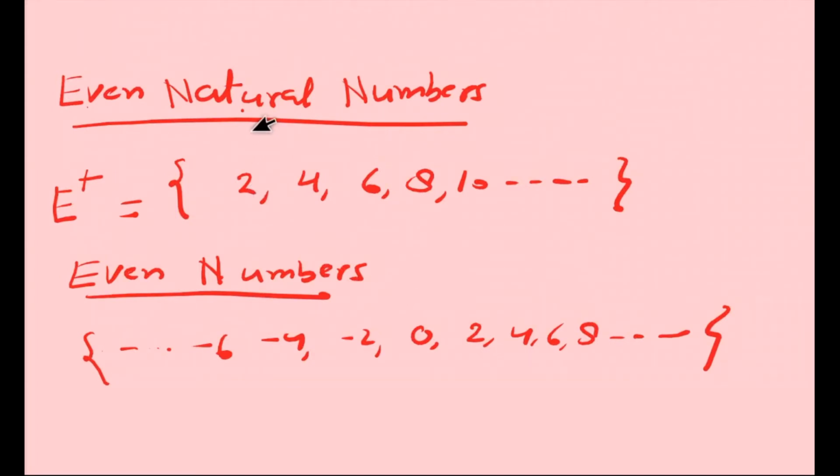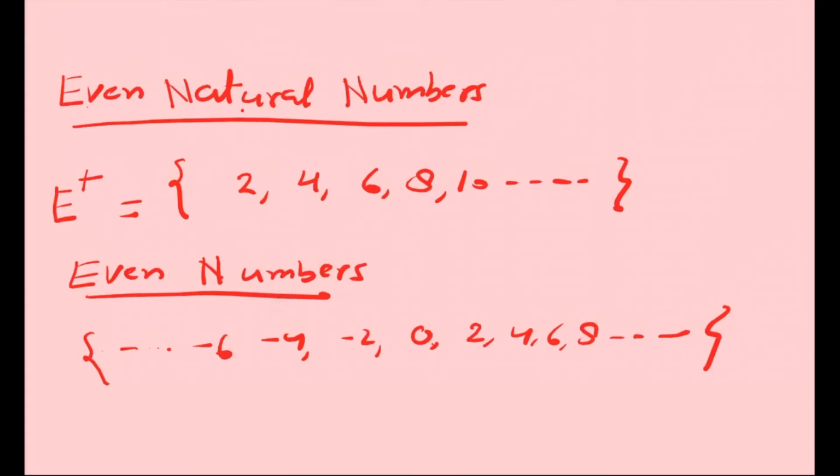These are even natural numbers, 2, 4, 6, 8. So when giving the answer, if you are asked about even natural numbers, then you have to give these examples. If they are even numbers only, then 0, -2, -4, -6 are also even numbers.